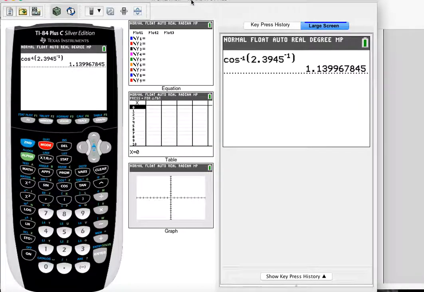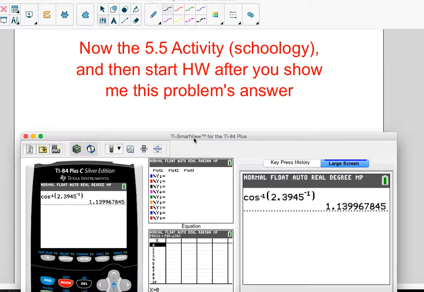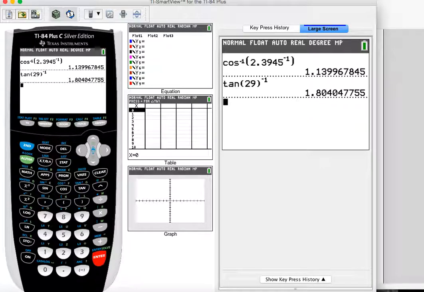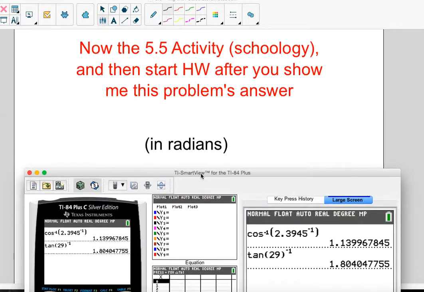Well, I don't have cotangent, I only have tangent, but it's certainly not a reciprocal because I have the angle given to me. So I'm going to hit tangent of 29, and you can hit degrees, but if you're in degree mode, it'll do degrees. And then just do the inverse. So that's cotangent of 29 degrees, 1.804, something, something, something.